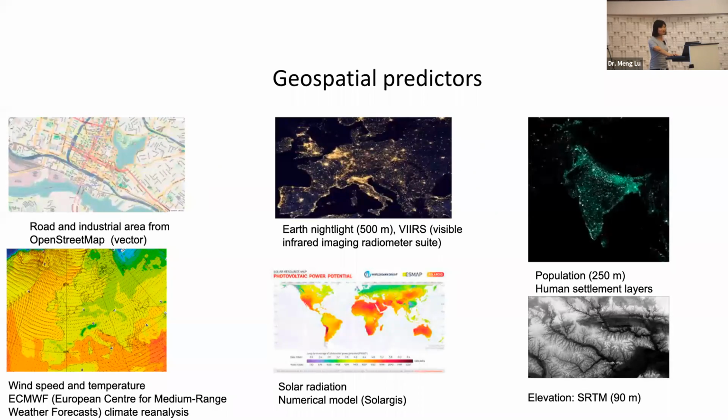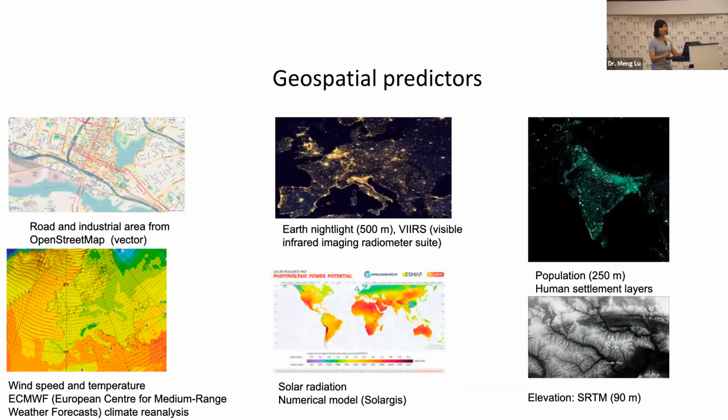So geospatial data, as I mentioned in the morning, is a major driver to our global mapping, so that makes our global mapping so promising. So the predictors we use from road and industry areas are extracted from OpenStreetMap, which is becoming more and more comprehensive every month or year, and especially in European countries.